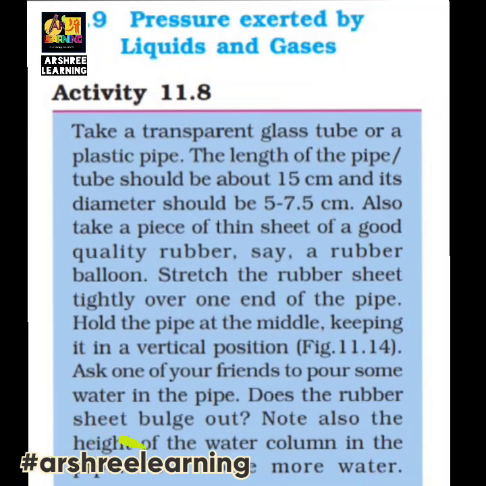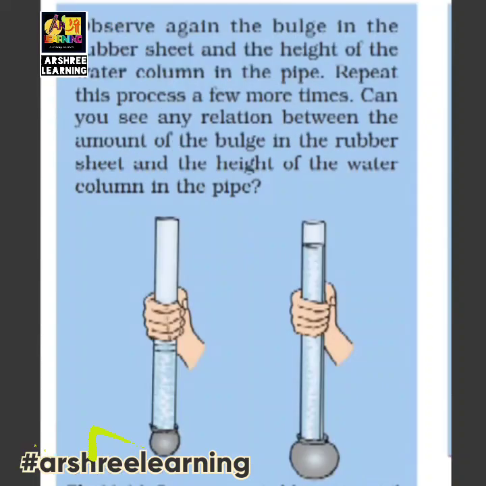With this activity we see that the liquid is exerting pressure downwards in the tube. The balloon or the rubber sheet fixed at the bottom of the tube swells up. So this activity shows that liquid exerts pressure in the downward direction.